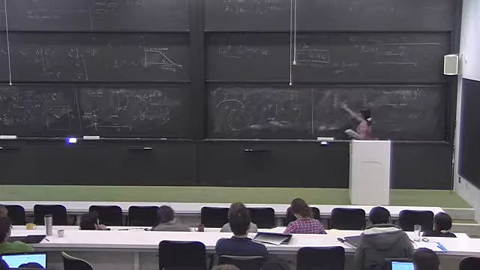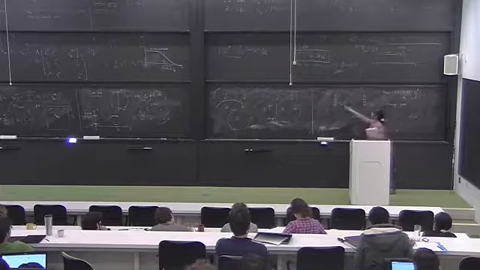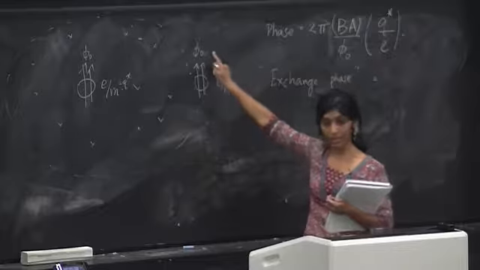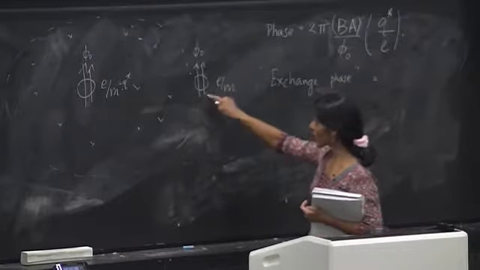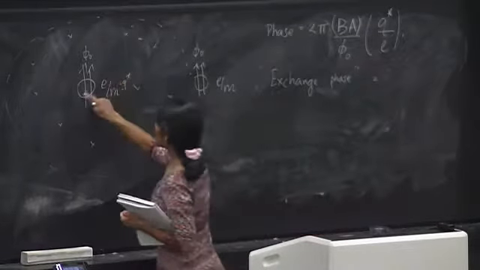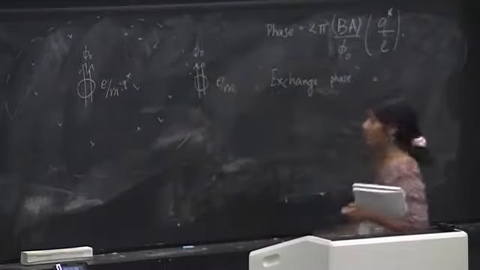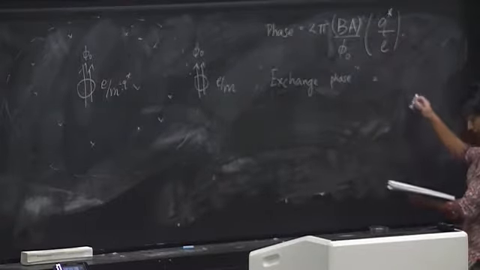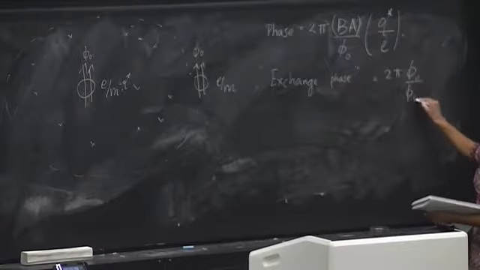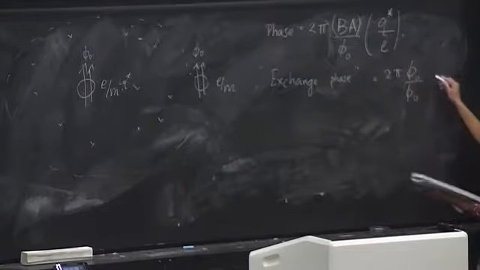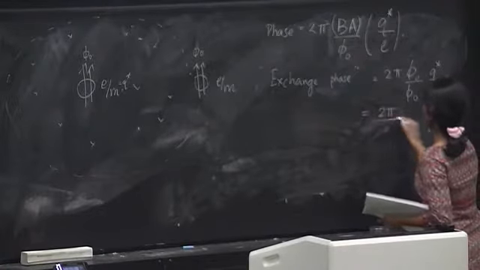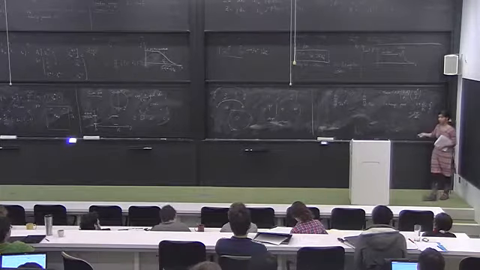And if this particle is going around that one, this charge senses this magnetic flux. Does everyone see that? The first phase was this charge sensing the entire magnetic flux. The second one is this charge sensing this magnetic flux. That is associated with the exchange phase, and that ends up being 2 pi phi naught over phi naught, because BA is now phi naught, times q star over e, which is 2 pi over m.